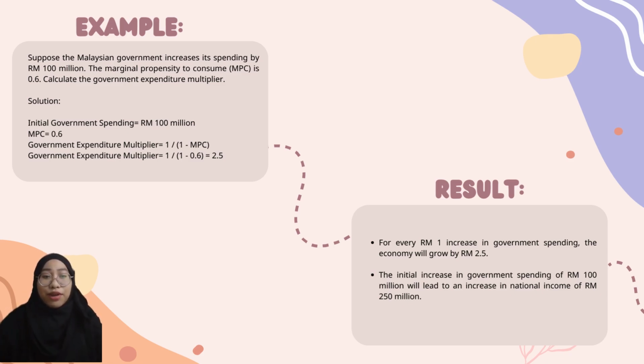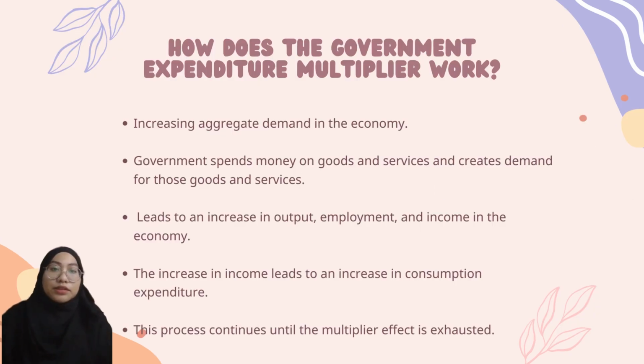So we can say here, for every 1 ringgit increase in government spending, the economy will grow by 2.5 ringgit. The initial increase in government spending of 100 million will lead to an increase in national income of 250 million ringgit.